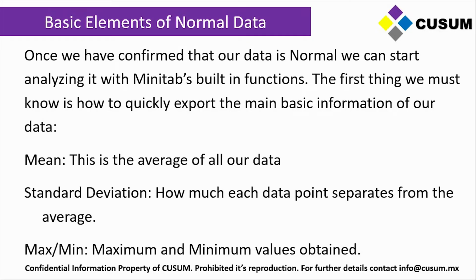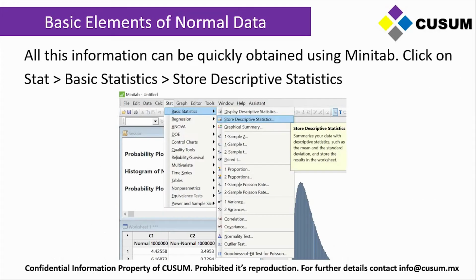It will have a standard deviation, which is how much each data point separates from the average, and it will have a maximum and a minimum value. Standard deviation is the key in understanding statistics. Standard deviation in conjunction with the mean can tell you a lot of information about your process, and you need to understand why it is so important.